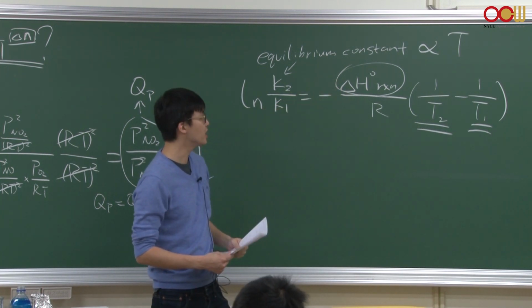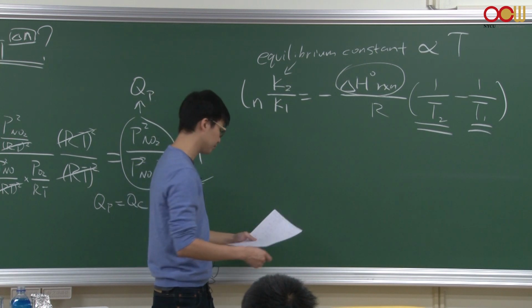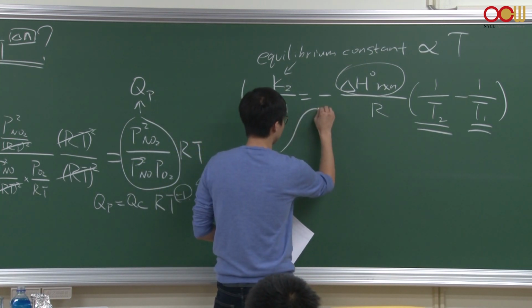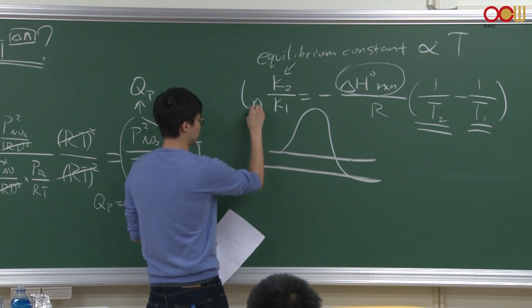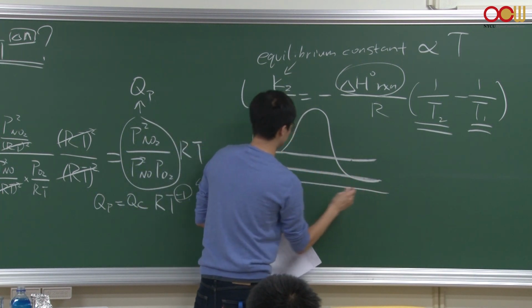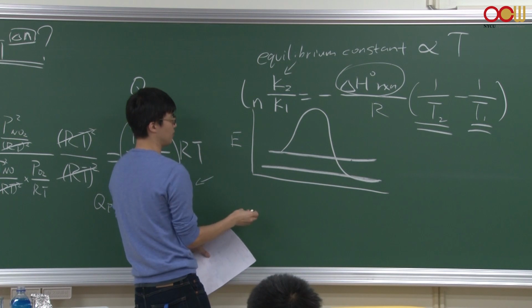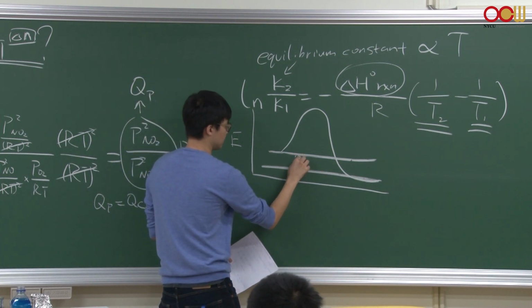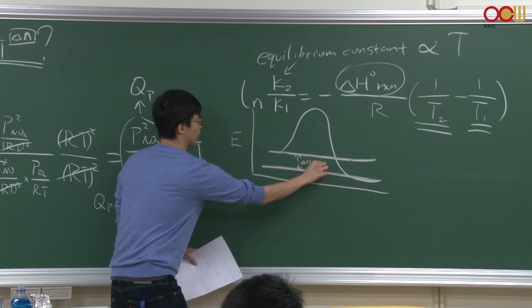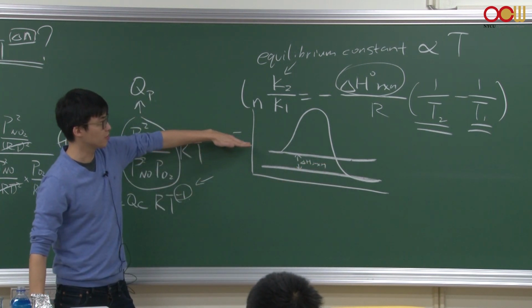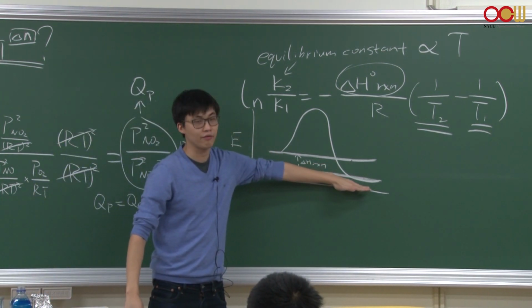Okay, so what is heat of reaction exactly? If we go back to the energy diagram, okay? So this is energy, okay? This is the heat of reaction, the energy level of your starting material and the energy level of your product.